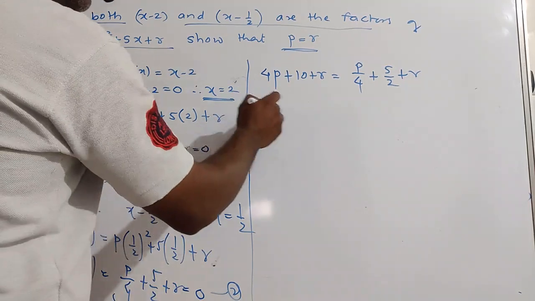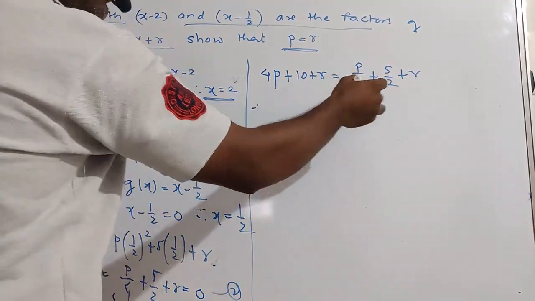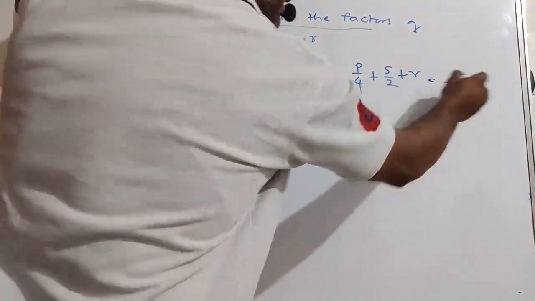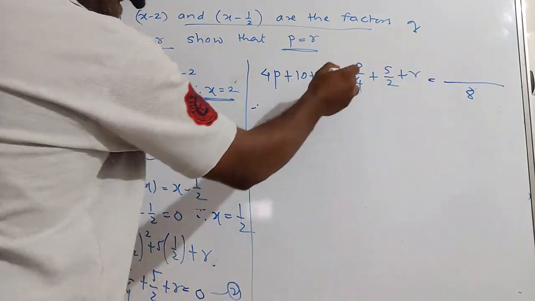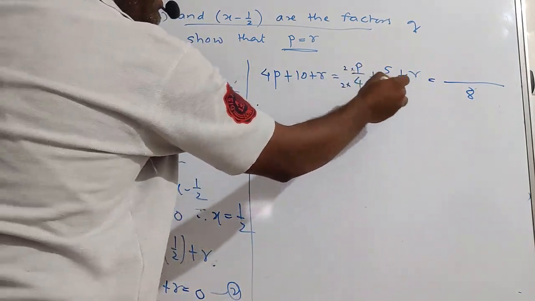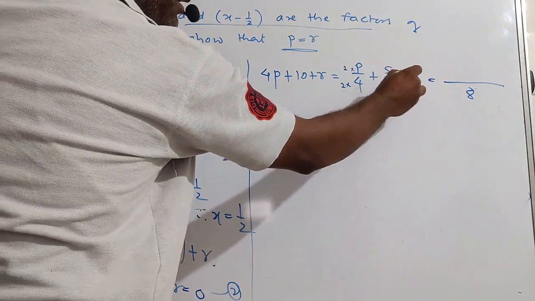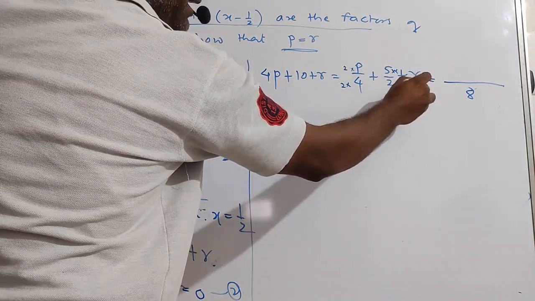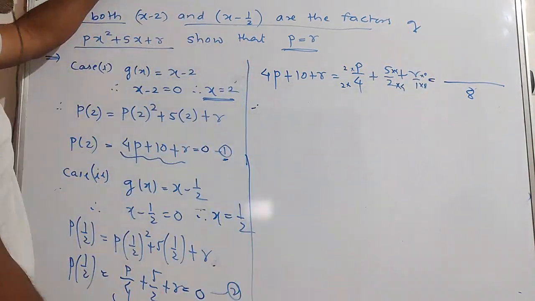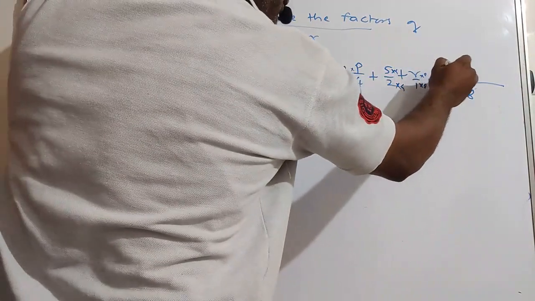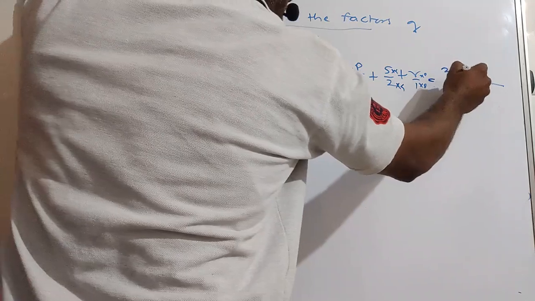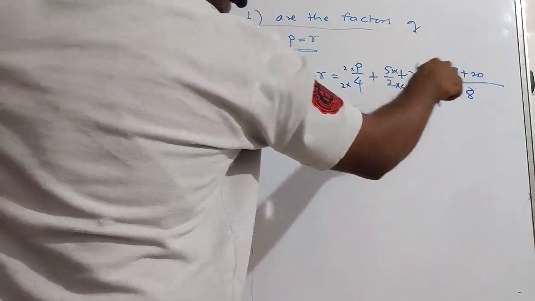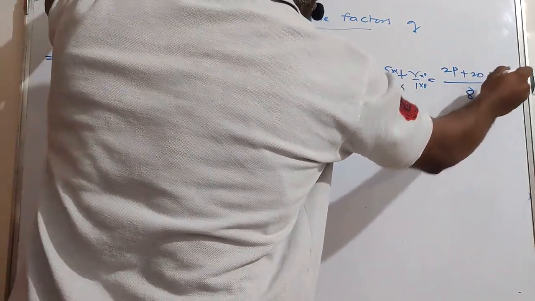Now here I will solve this. LCM will be 8. 4 to the 8. So here I will multiply by 2 to both the sides. Here I will multiply by 4. And here I will multiply by 8 to both the sides. Okay. So it will be 2P, 5 into 4, 20, and this is the 8R.